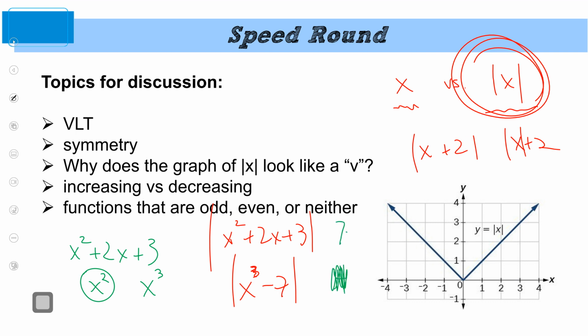It has a 7. Even or odd? Even. Okay, you're thinking even and odd like the number. Right, because 4 is divisible by 2. No, not that. We're talking about functions. This is a function. Is it even or odd? It's even. The reason it's even is because that's the same thing as x to the 0.